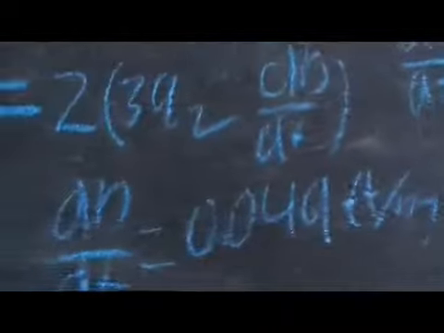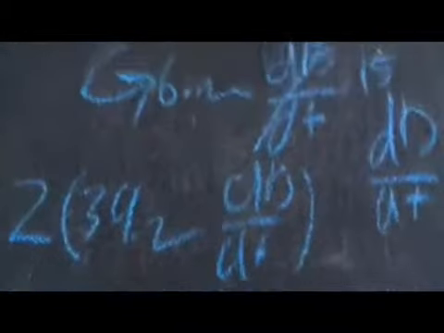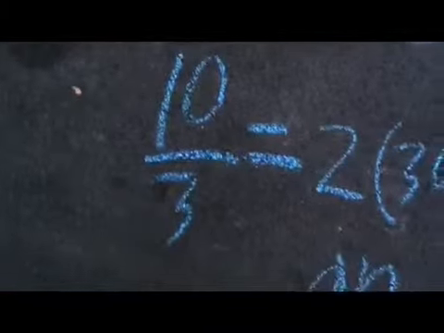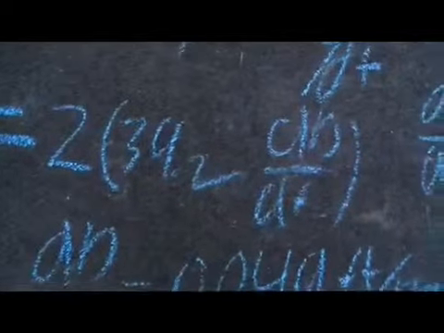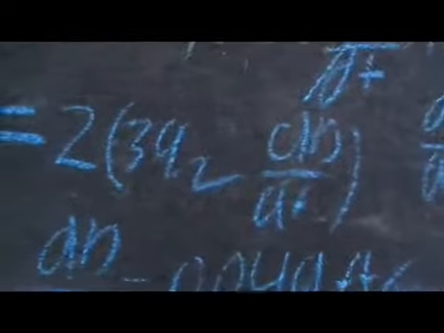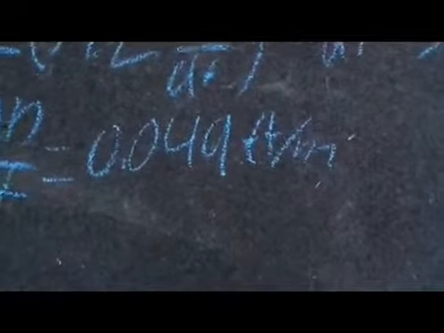So once we divided everything by 15 to get rid of our two 15s, we have 10 over 3 equals 2 times 39 point the stuff times dd/dt, divided all by 2, divided all by 39.036, and we get dd/dt equals 0.049 feet per minute when the volume is at 2,000 cubic feet.